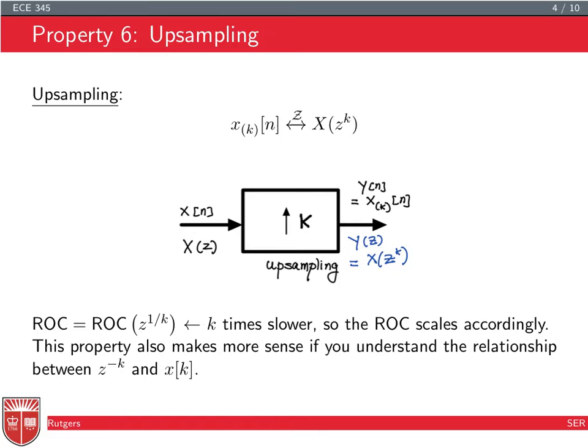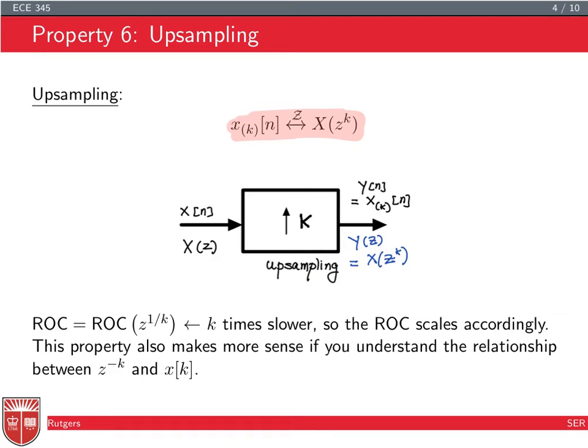And this is the general formula that gives me the z transform of the upsampled signal as a function of the original signal. The upsampled signal has a z transform equal to x evaluated at z to the power k. Usually we have the following kind of diagram that denotes the upsampling operation.